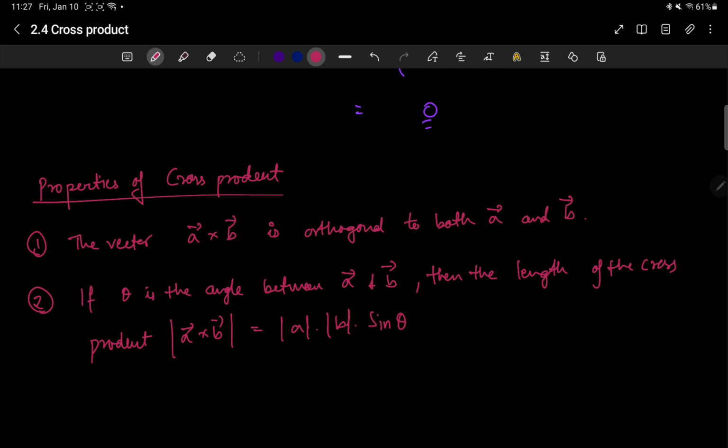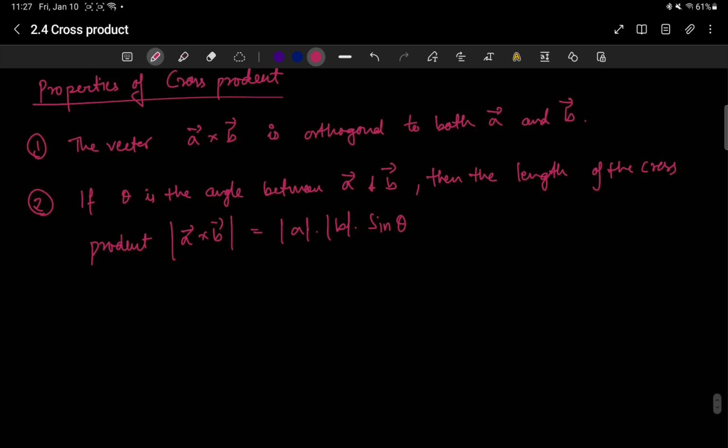So there is a nice sort of completion here, because if this was cosine theta, then that was basically the dot product. Whereas if it is the sine theta, that's the magnitude of the cross product.